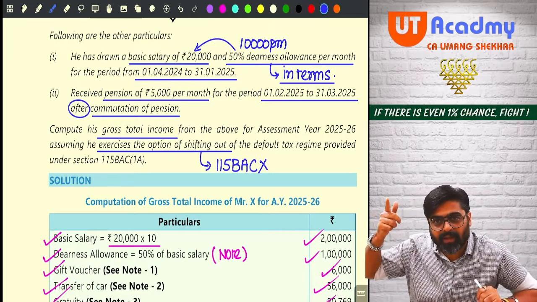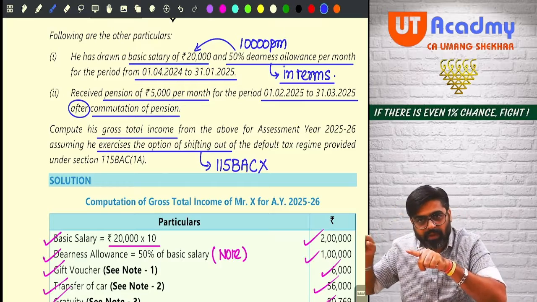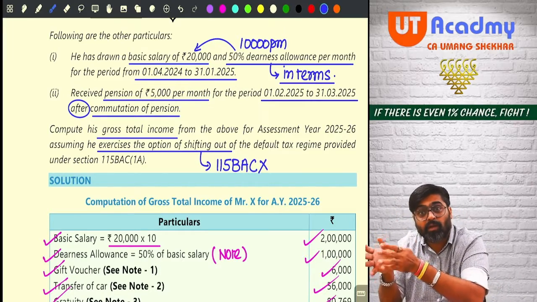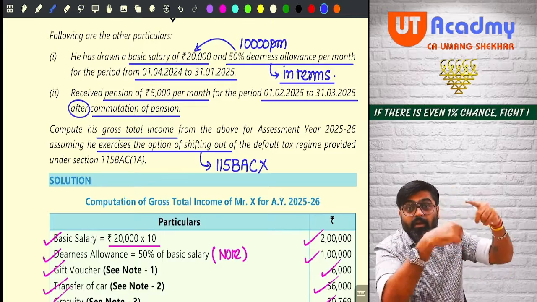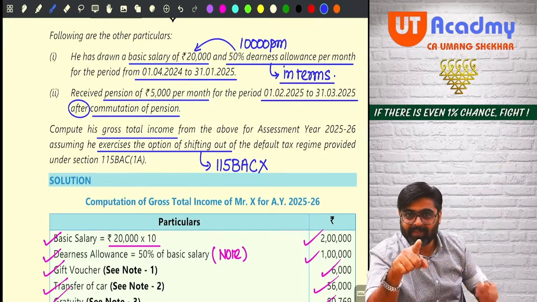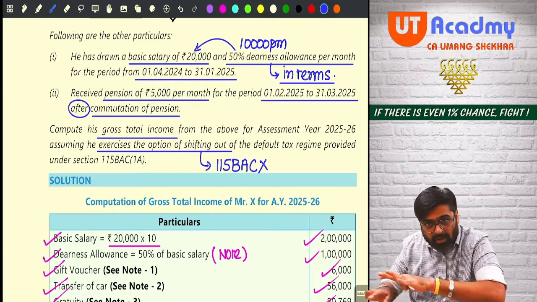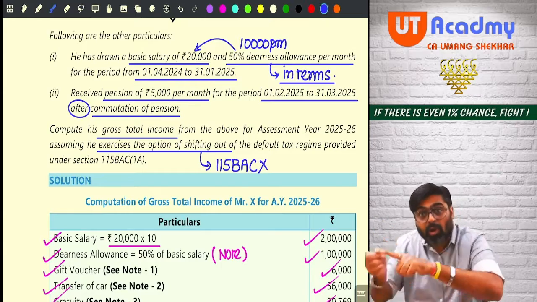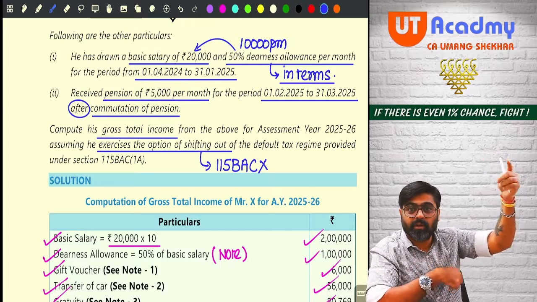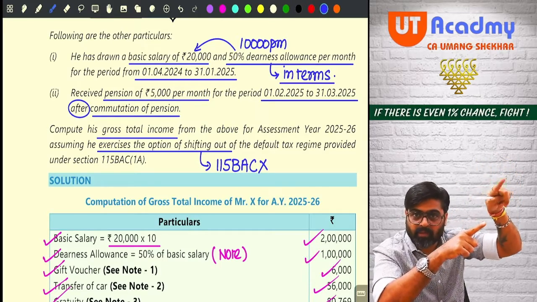Do you remember DA? Two types of DA. The DA which is written in terms of your contract will form part of salary to calculate your retirement benefits. Remember? DA which is not written in terms of contract will not form part of salary to calculate your retirement benefits. So leave salary is your retirement benefit, no?